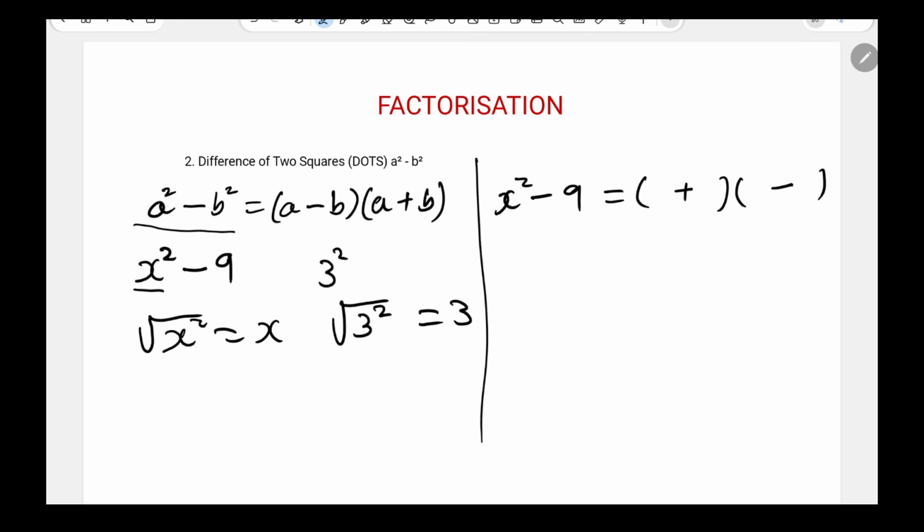The square root of x squared is x. We will write x on this side and this side. Then the square root of 9 is 3. We will write 3 here and 3 here. This is how you factorize the difference of two squares. Simple.